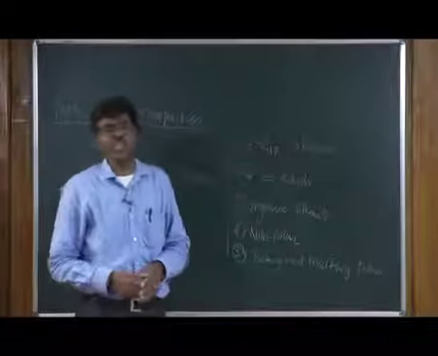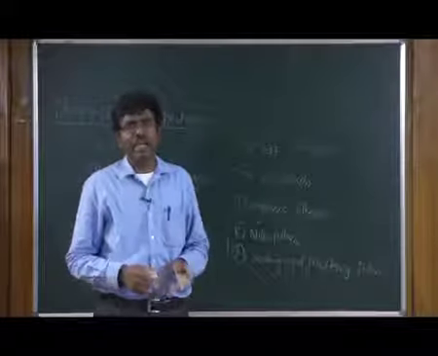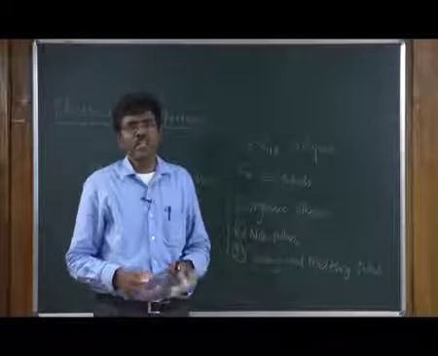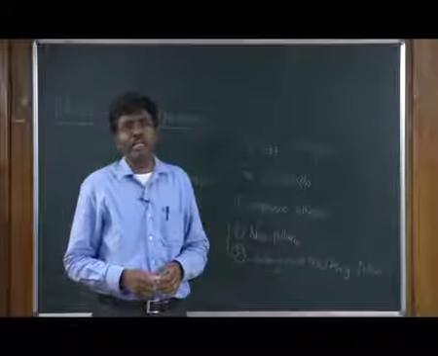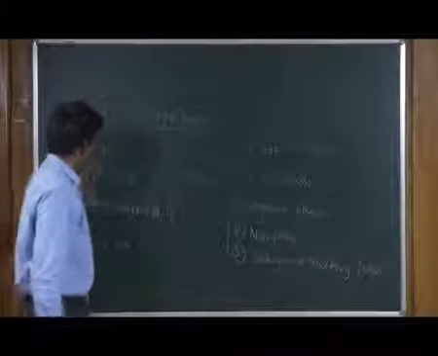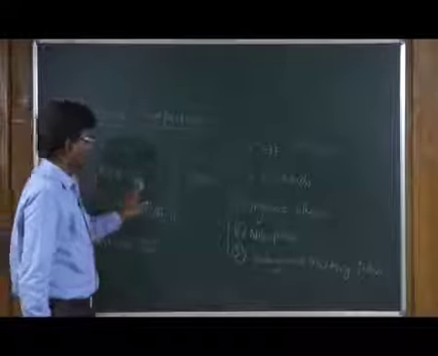In summary, in this class we have seen the first part of alkenes: the structure and bonding of ethylene, then the nomenclature and isomerism, then the preparation of alkenes, and then the physical properties of alkenes. The first 3 members of the series are gases at room temperature.